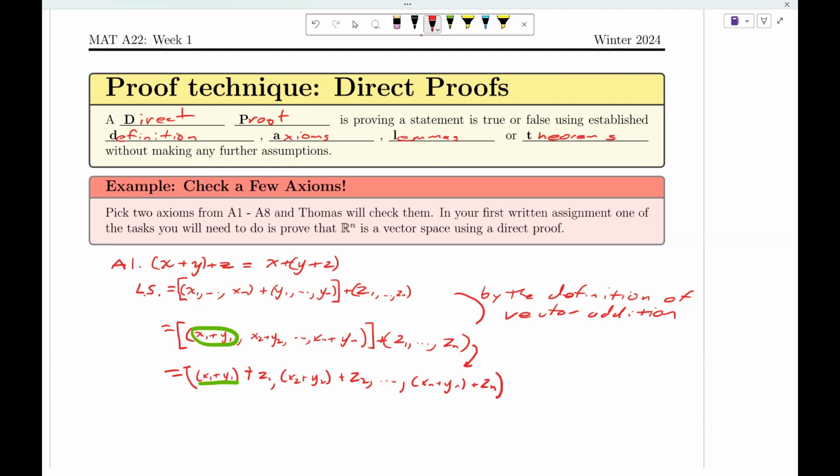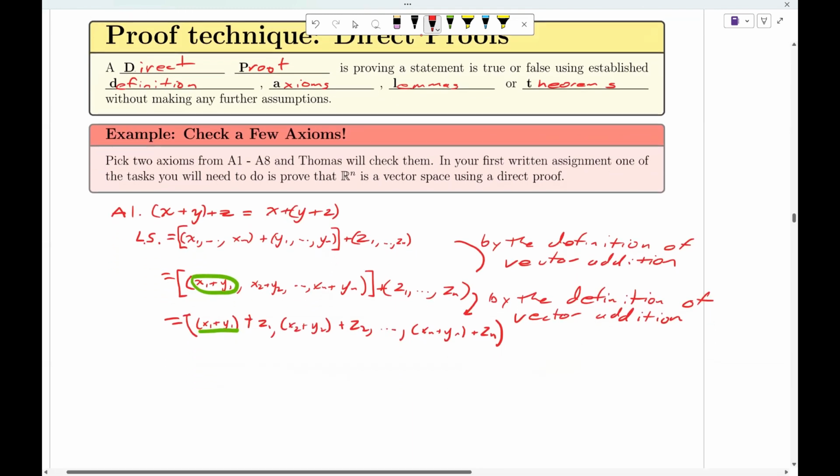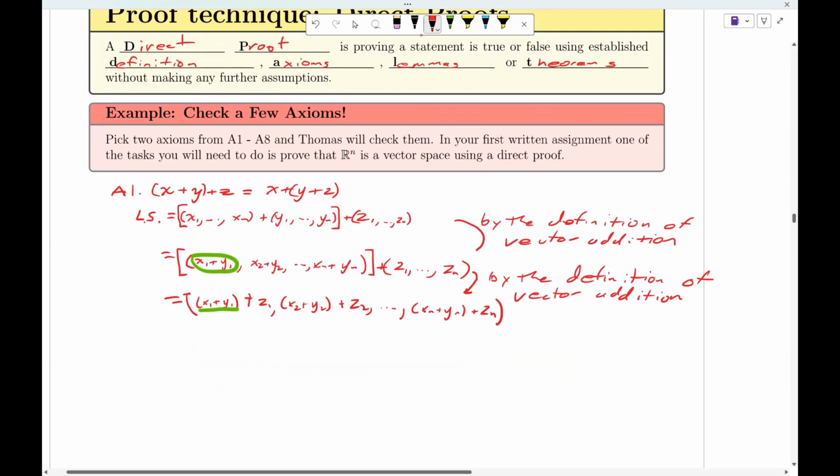But now inside here, and once again, this is by the definition of vector addition. But now, here, we're in a field. So we can swap the order of these additions, each individually, as scalar addition or field addition is commutative.